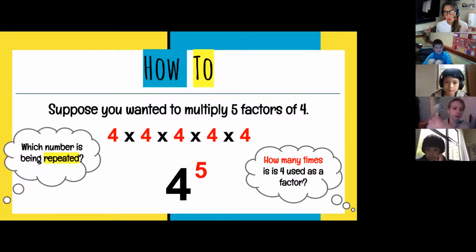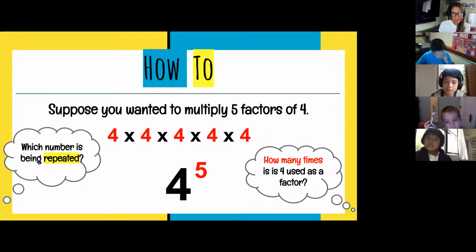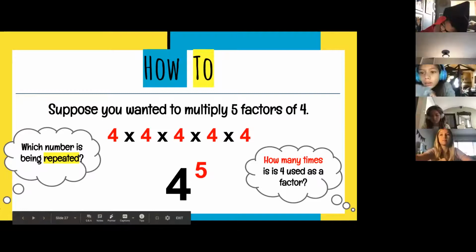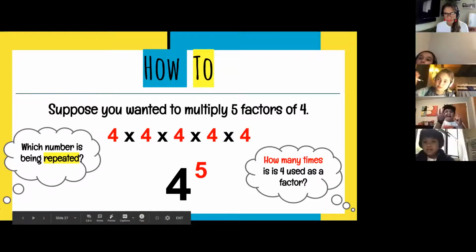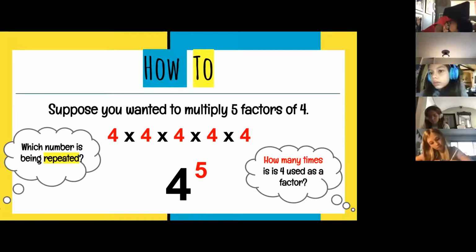4 times 5 you all just said was 20, right? Well, that doesn't work using 5 as a factor because 4 times 4 is what? 4 times 4 is 16.